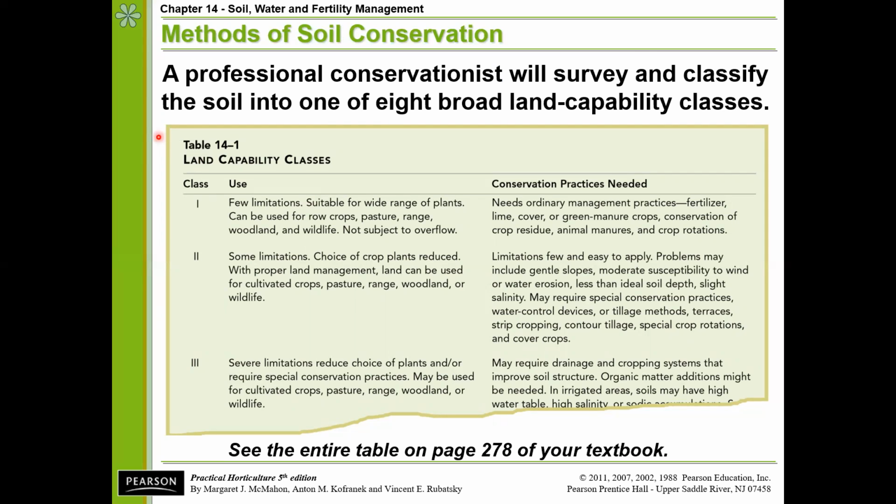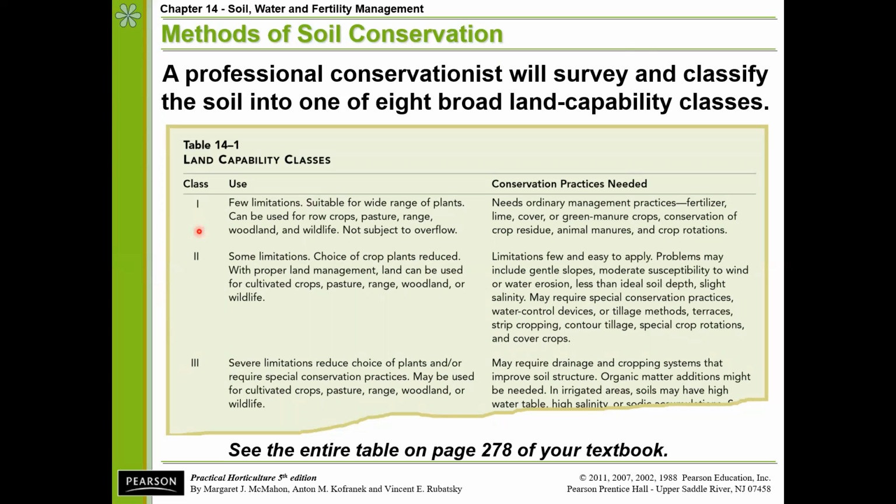One of these is looking at land capability classes. There are 5 of these classes, one having very few limitations, and 5, basically you shouldn't be doing anything here.